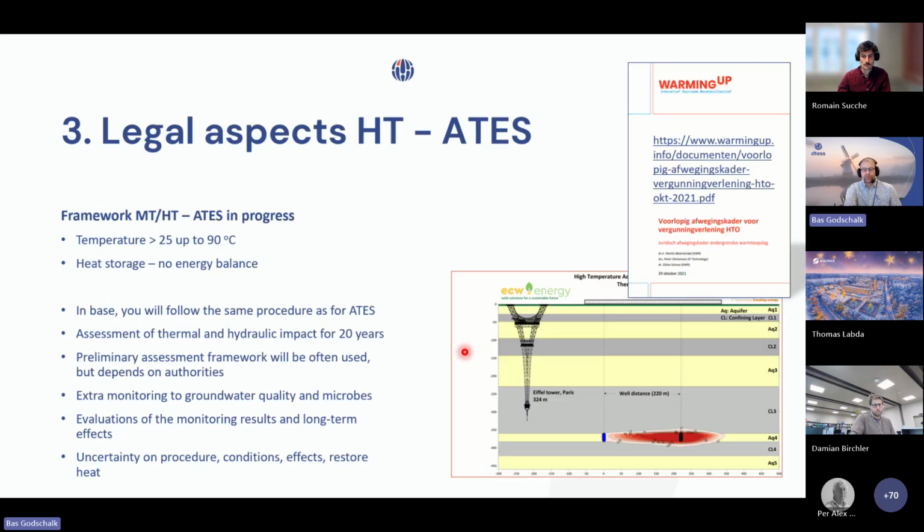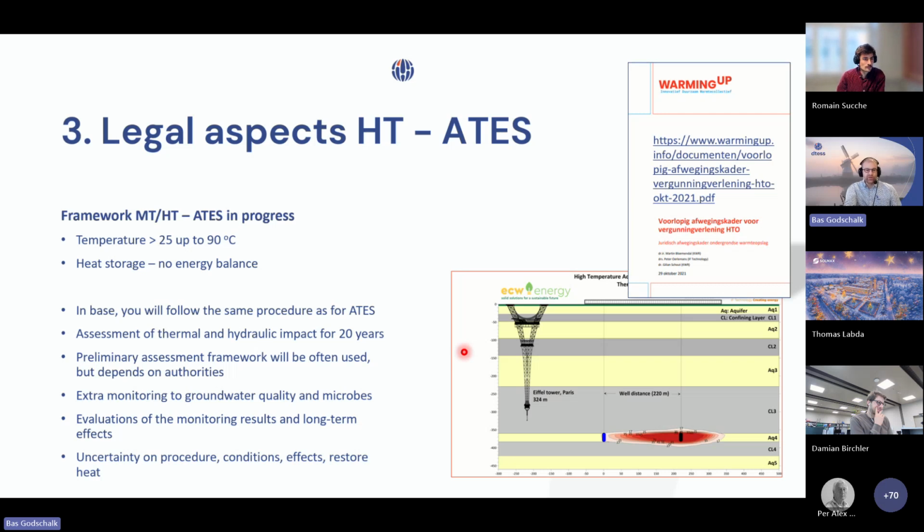Now, of course, you also have to take care of the legal aspect. You need a permit in the Netherlands for applying that. So when we had more information, we did thermal and hydraulic modeling of the impact of the ATES system for 20 or 30 years of operation. Then you have to prove that there will be no negative impact on the environment, on the water quality, on microbes, etc. And that's something you need to discuss with the authorities.